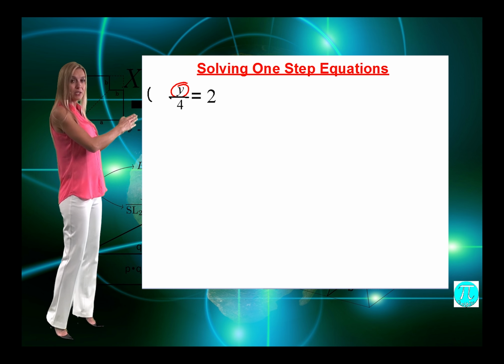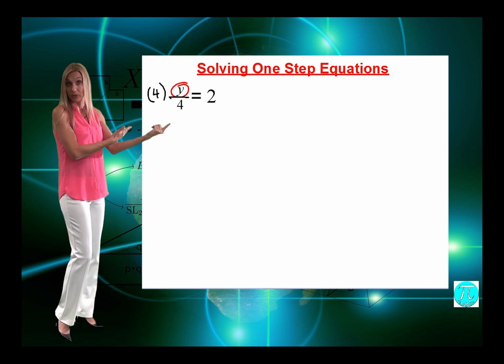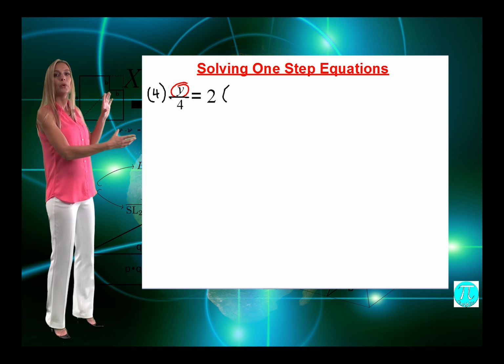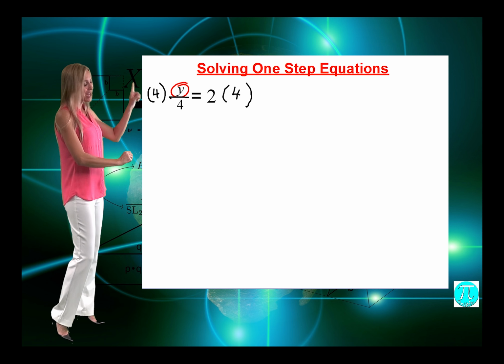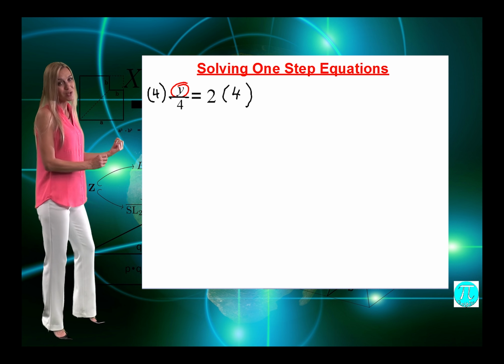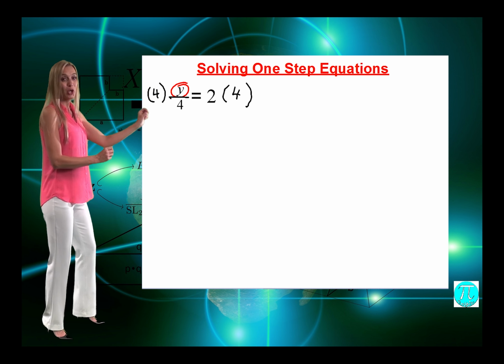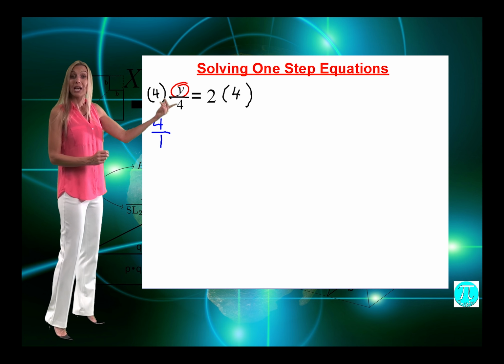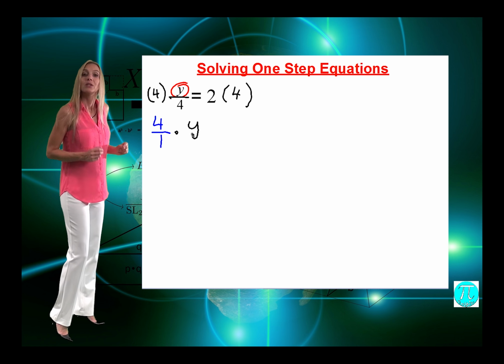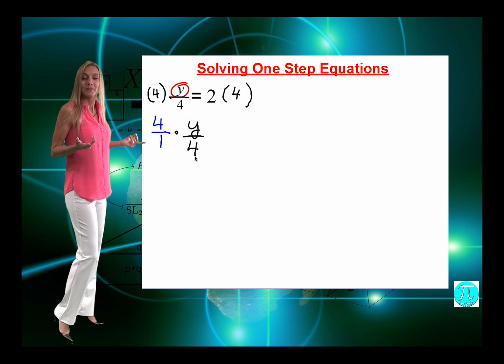What we do on one side of the equal sign, we do on the other side. Both sides will get multiplied by 4. Now that 4 is 4 over 1 times y over 4 equals 2 times 4, which equals 8, right?